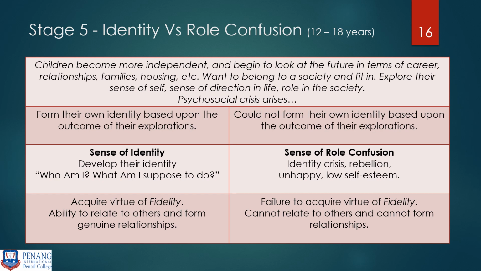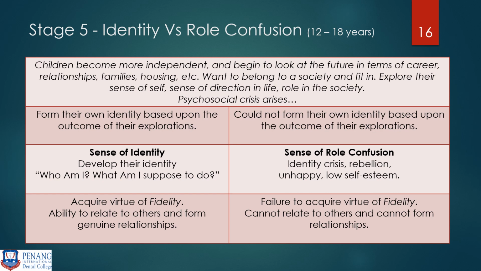And these are the children who will be rebellious. You really cannot force anything on them, because they're confused. So you cannot pressurize anybody to be an engineer because he is not sure whether engineering is the right career for him. So he will try to rebel back. He'll be like, no, I don't want to be an engineer, and things like that.